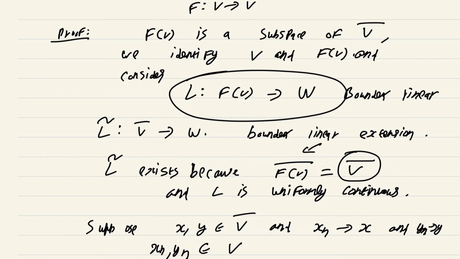Take two points x, y in the completion V bar and consider sequences xn converging to x and yn converging to y, where xn and yn are coming from V, which, for clarity's sake, I identify already with f of V. Then xn plus yn converges to x plus y. This is obvious.